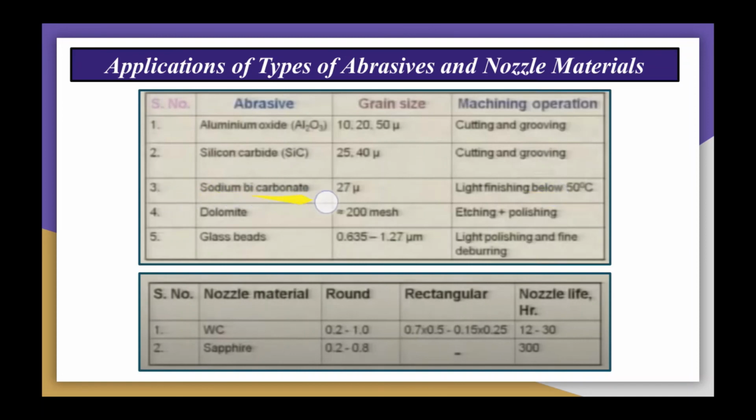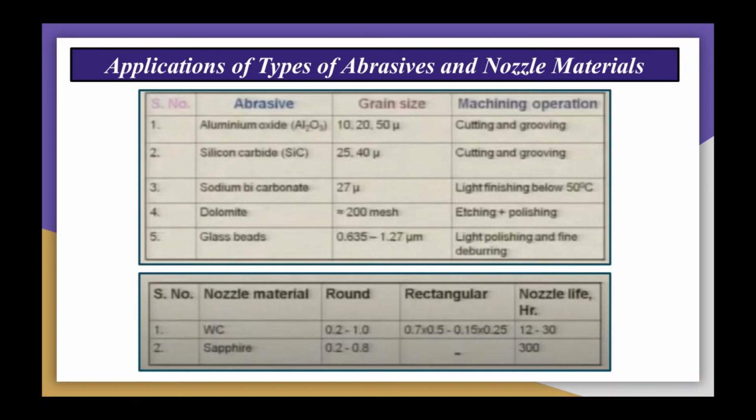Then sodium bicarbonate is good for light finishing below 50 degree centigrade temperature. Then dolomite grain is used for etching and polishing purposes. And the last one is glass beads, used for light polishing and fine deburring purposes.